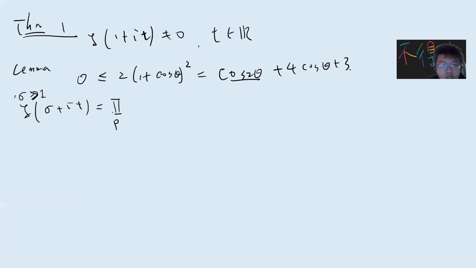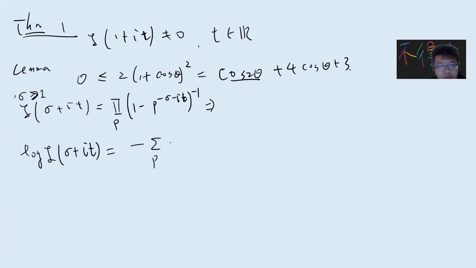So it's the product over p of 1 minus p to the minus sigma minus it, to the power minus 1. Now let's take a log. You get log of zeta of sigma plus it equals minus the summation over p of log of 1 minus p to the minus sigma minus it.